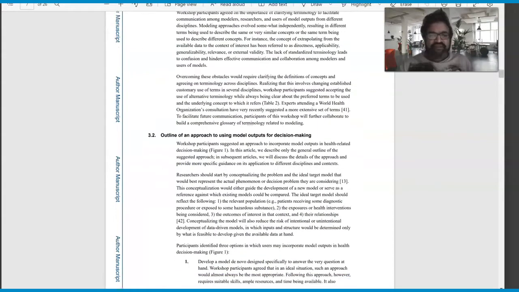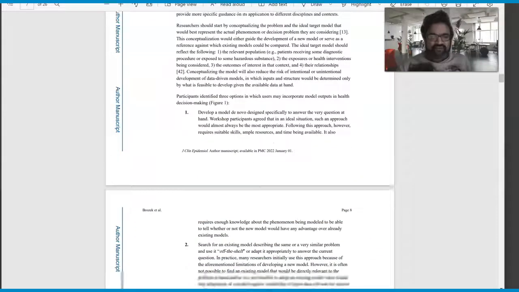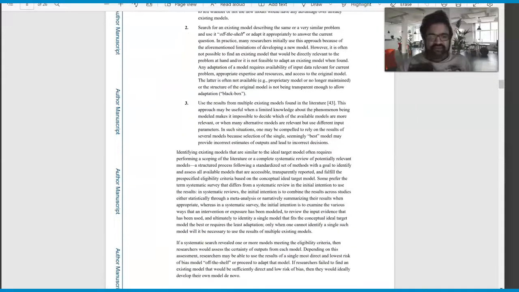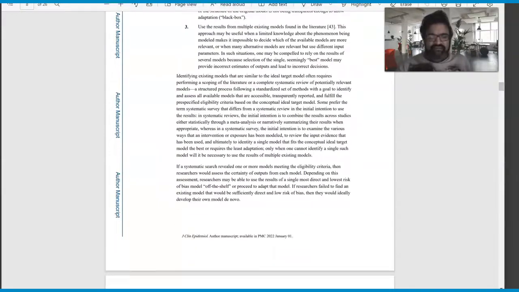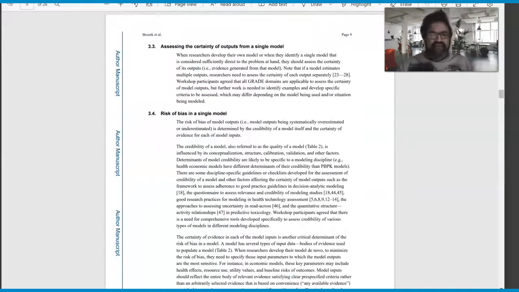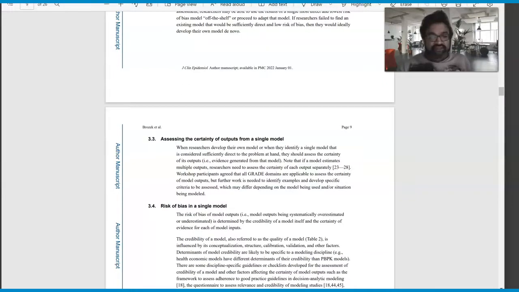So there was a workshop, and this terminology was used, how to apply this model, and there were several themes available here. There's assessing the certainty of outputs from a single model.